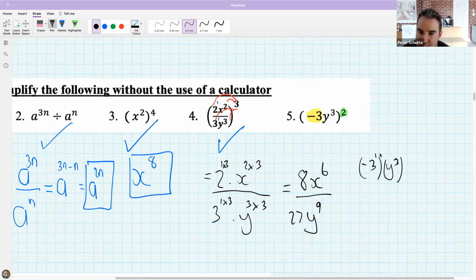And each of these gets raised to the power of 2. So -3 to the power of 2 is going to be 9. And y to the 3 to the power of 2 is going to be y to the 6, because the 2's are being multiplied.